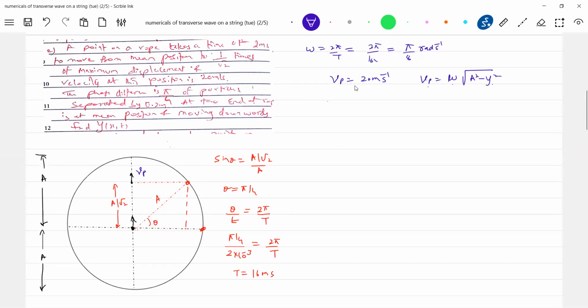Wait. 16 into 10 to the power of minus 3. So 1000 by 8, 1000 pi by 8. Any value of this? 125.